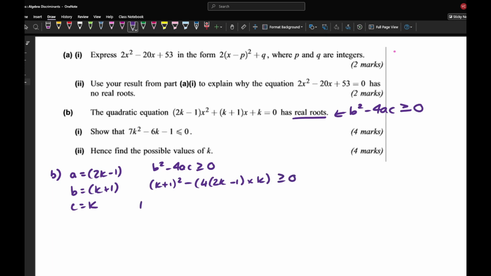So expanding that out, we get k squared plus 2k plus 1 minus, and that's going to be 4k, 2k minus 1 is greater than 0.